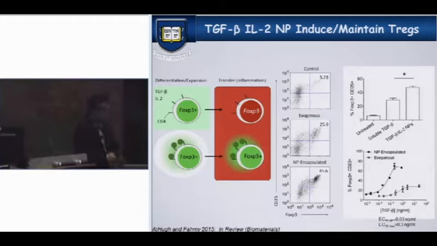So these are what we call tolerogenic DCs. We're looking at the percent of those cells overall. And you see what happens when you mix agents just in a soluble fashion, as we normally do in the lab, compared to agents that are encapsulated. The amount of TGF-beta that is generated is exceeded.